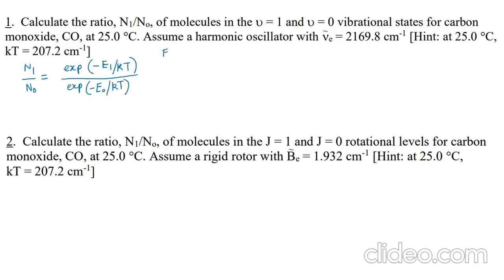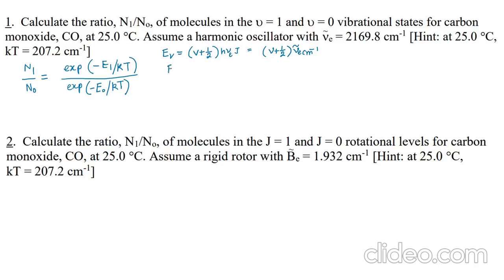What is E1 or Ev in this case? Ev we know is (v plus half) hν in joules, or (v plus half) ν̄ in centimeter inverse. See, these are all going to be given in centimeter inverse, so we are going to use that. Let us write ωe.